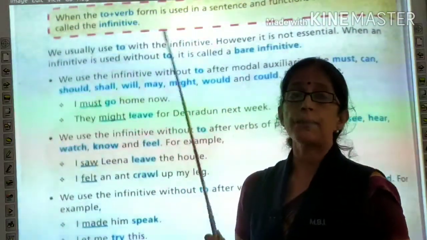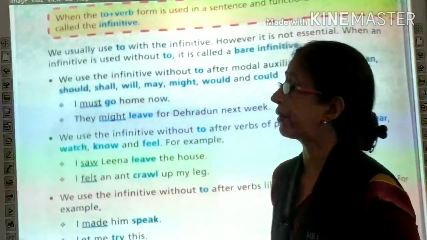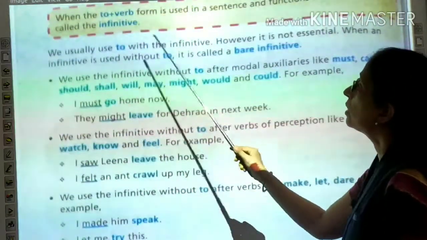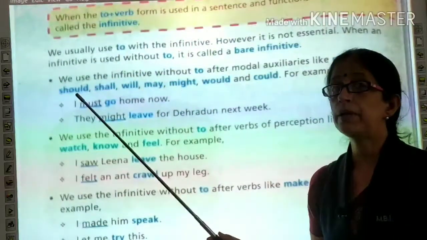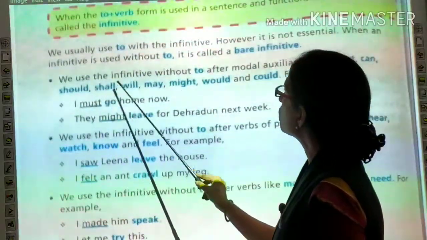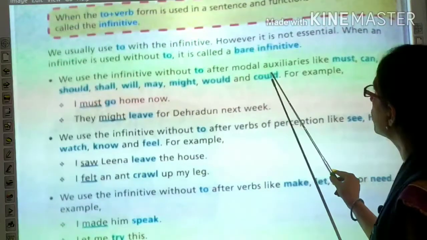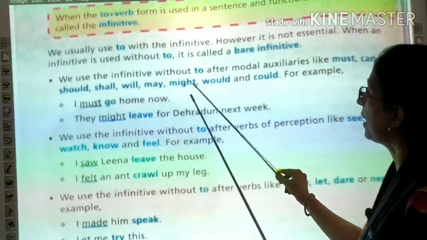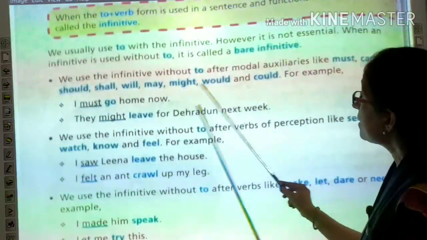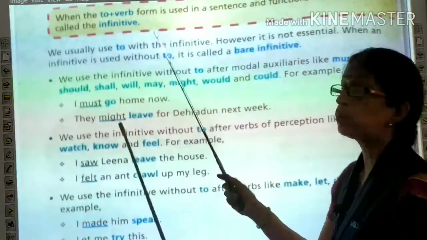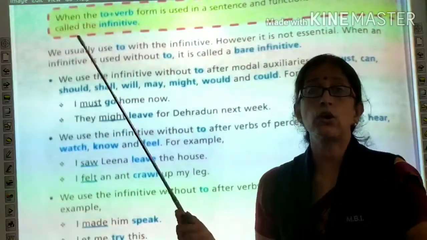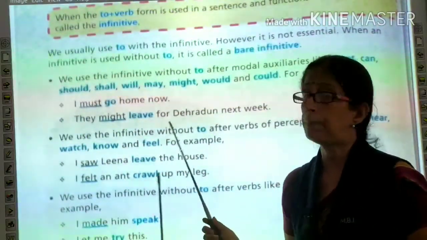Whenever you use the verb without to, it will be called a bare infinitive. We use the infinitive without to after modal auxiliaries like must, can, should, shall, will, may, might, would and could. We cannot put to before these. To should, to shall, to will would be wrong. So these are called bare infinitives.